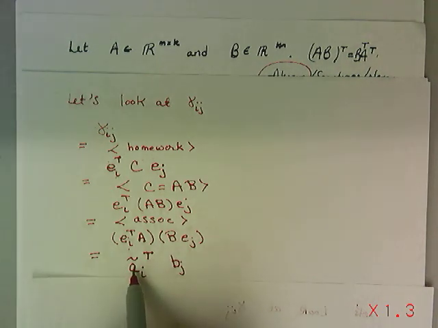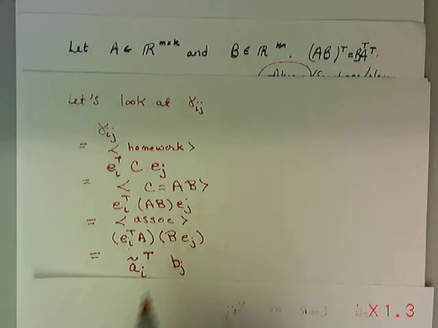It's because the rows of A are often represented by a twiddles, and the sub i tells us it's the ith row that we're looking at, and the transpose tells us it's a row vector. Now when we multiply B times e sub j, we end up getting the jth column of B, which we usually denote by b sub j.